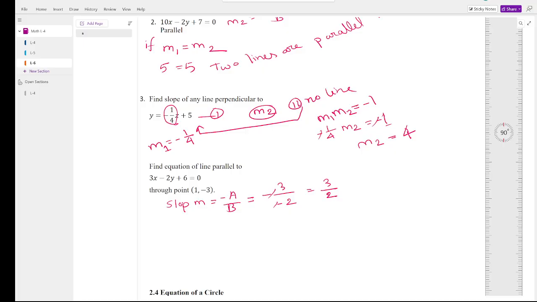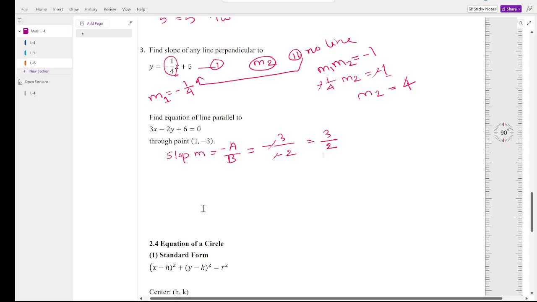And they give us the point (1, -3). For a line which goes through a point (x1, y1), what is the equation for this line?